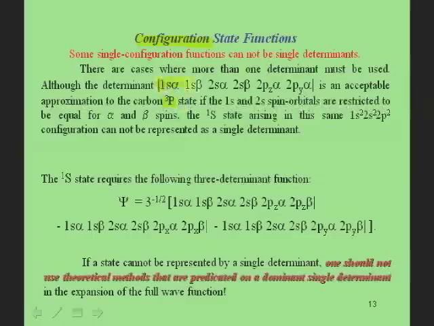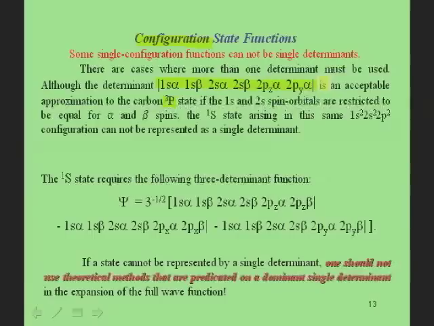Well, for the triplet p state of carbon, a Slater determinant is 1s alpha, 1s beta, 2s alpha, 2s beta, 2px alpha, 2py alpha. That determinant, you can prove, has triplet spin character, alpha alpha, and it does have L equals 1, the p character to it. So that particular Slater determinant would be an acceptable configuration state.